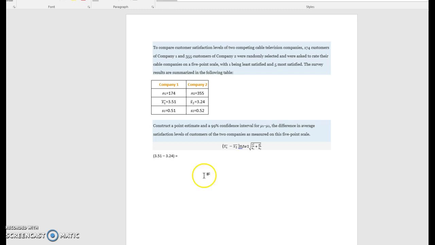Let's stick that into our calculator, and that gives us 0.27. So there's our point estimate. Right now, it's our only estimate of the population difference between those two companies' 5-point scale.